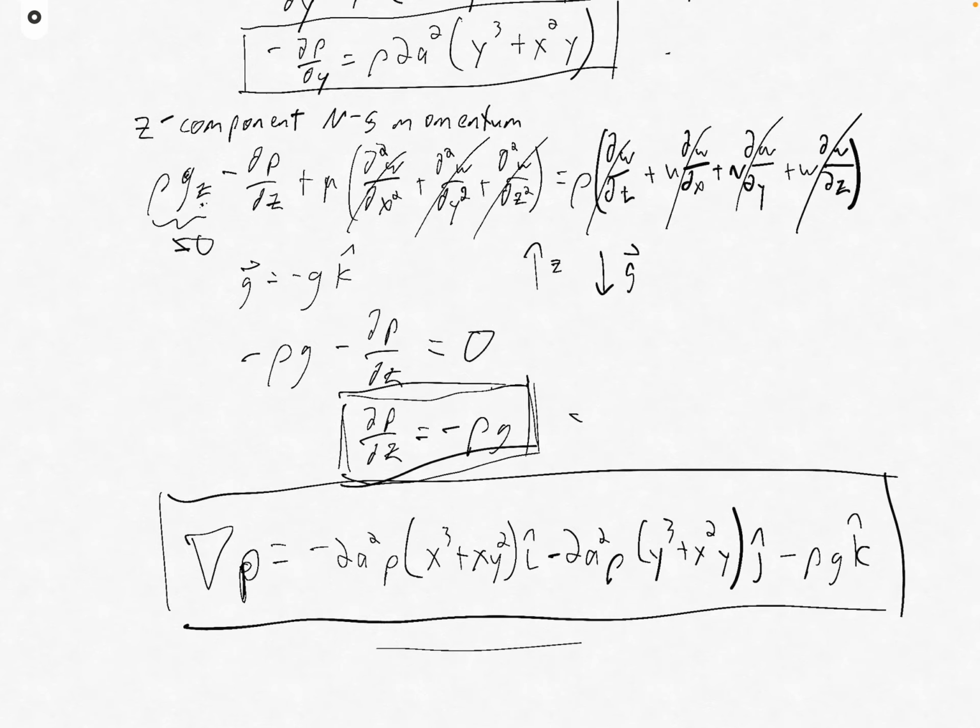So what we're basically saying here is that the total pressure gradient in this fluid has a component that varies in x and y due to the flow.